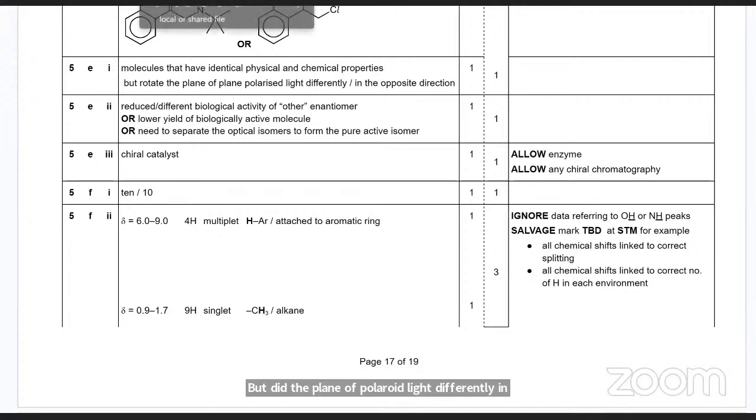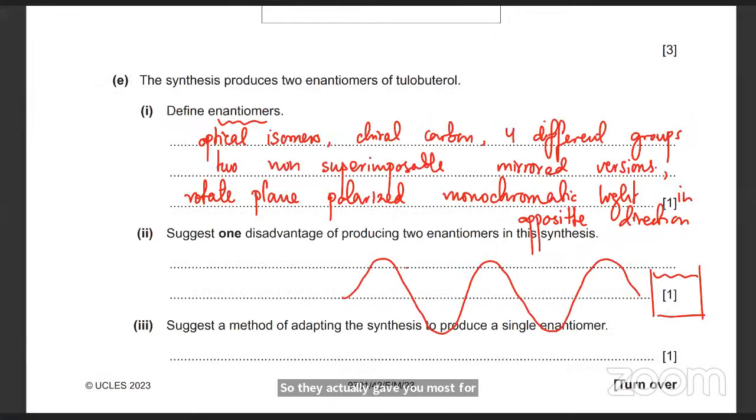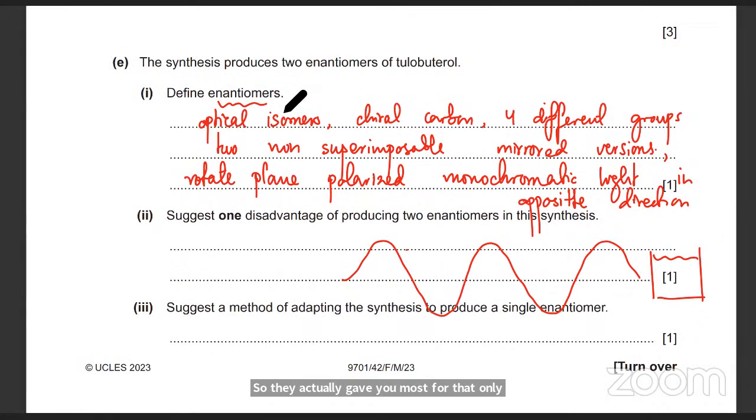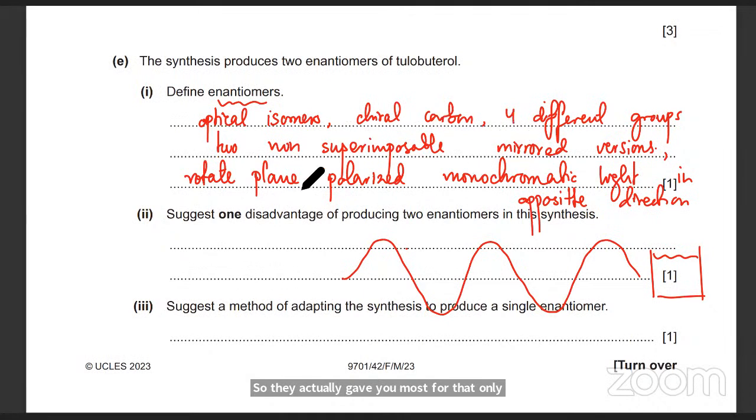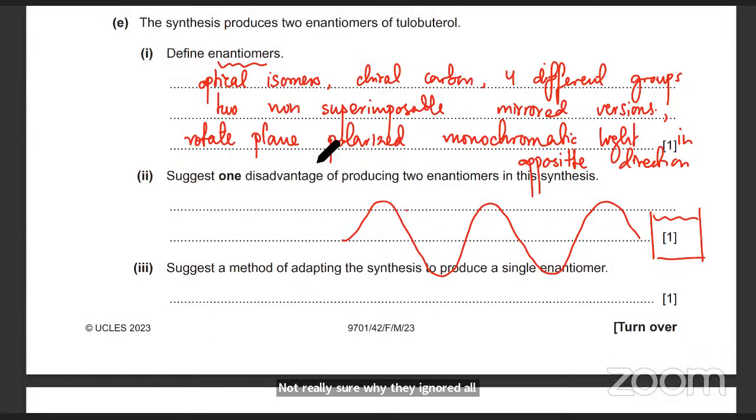They gave you marks for that only. Not really sure why they ignored all the rest, but they gave you 1 mark. So note this down: the molecules having exactly the same chemical and physical properties. They went for this answer when they wanted to define enantiomers.